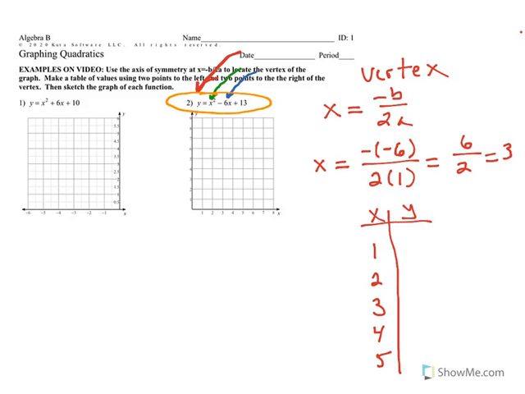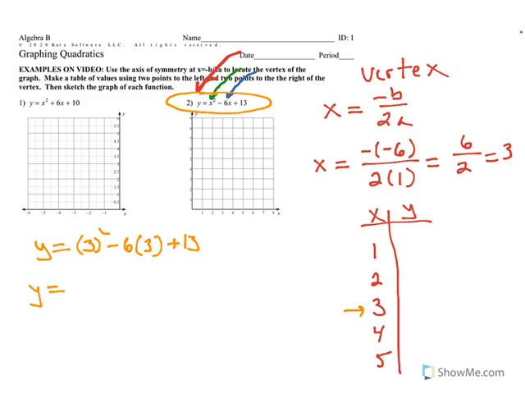So it's going to be y equals x squared, and let's do the vertex number. So let's put in a 3. So it's going to be 3 squared minus 6 times the x value, which is 3, plus 13.